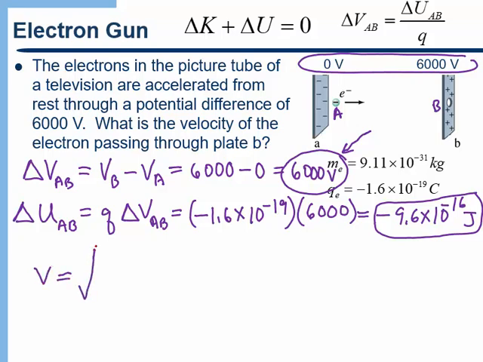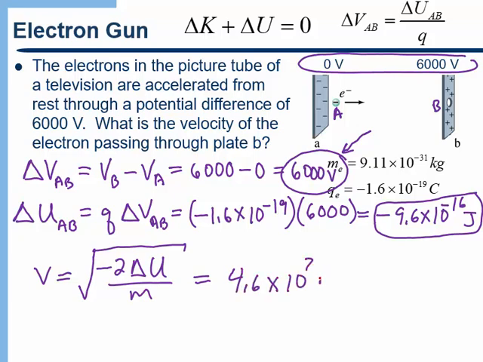The velocity, and again that's v for velocity, would be the square root of minus 2 times delta U that we just figured out, divided by the mass. If you plug in the mass of an electron, you should get 4.6 times 10 to the 7th meters per second.